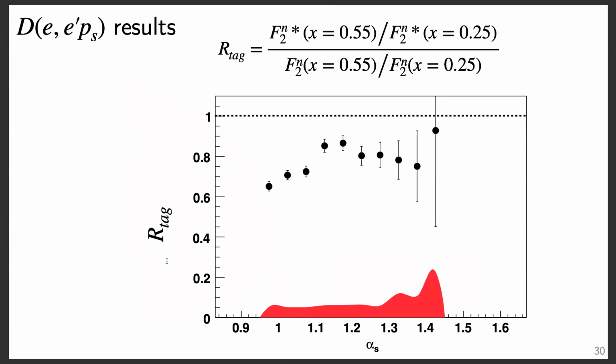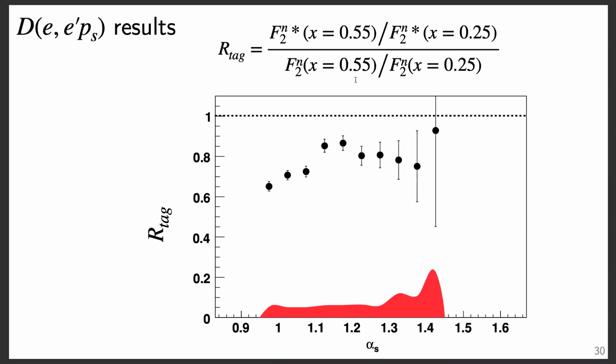And so this is the result that they extracted. Their observable was this double ratio of the bound neutron structure. So this would be the structure that they experimentally measured, and there's a ratio of the structure at x of 0.55 to the structure at x of 0.25. But then the double part of the ratio comes from the same ratio for the free neutron.